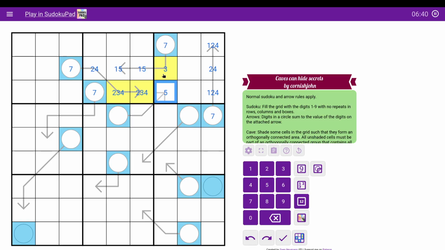This is a minimum of a 5. This is a maximum of a 4. Nine. And I'd even still be compatible with this being a 7. 1, 2, 3, 1.